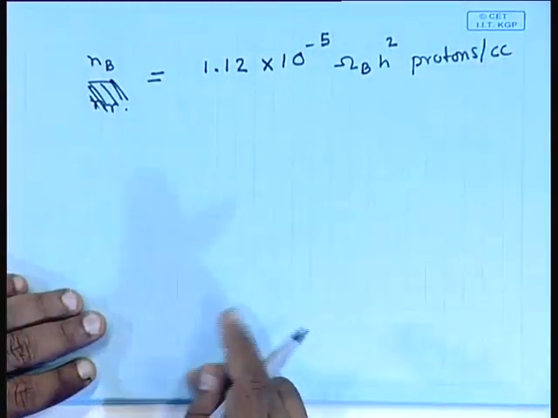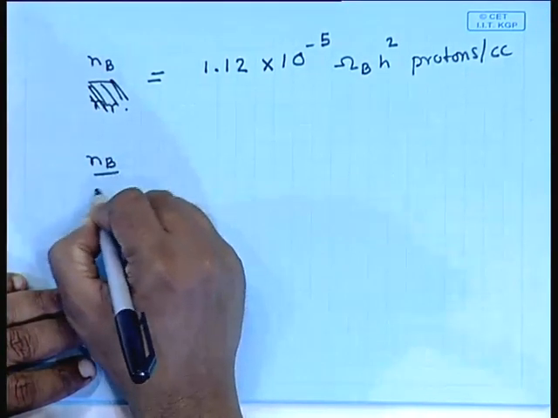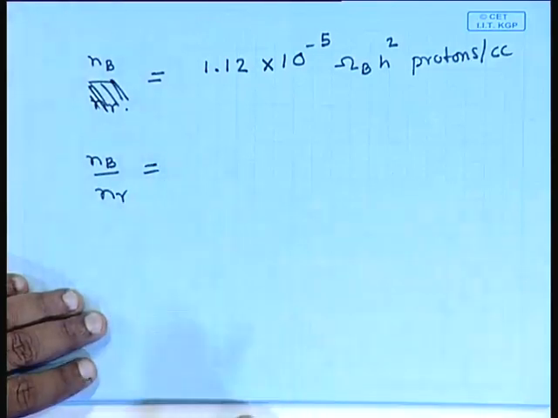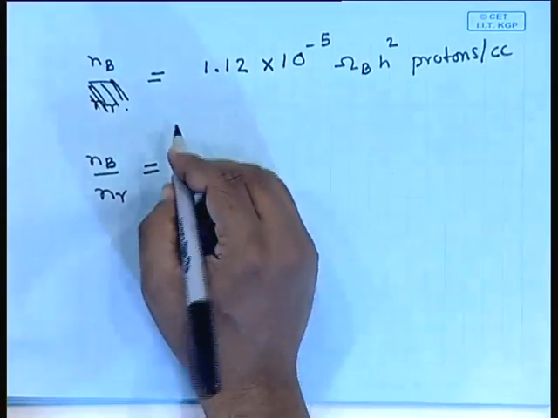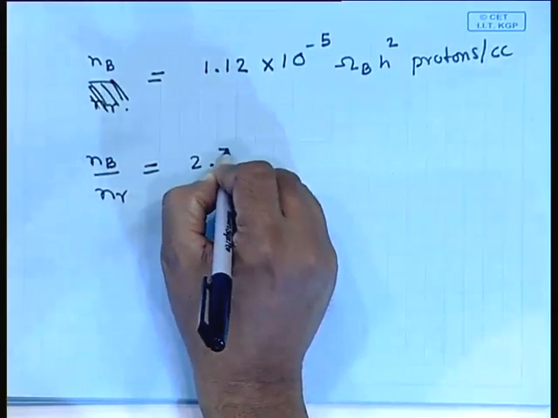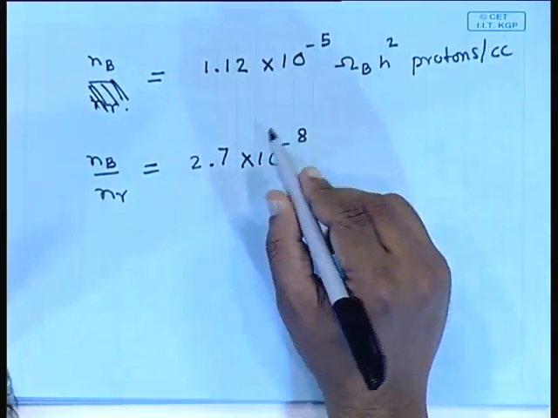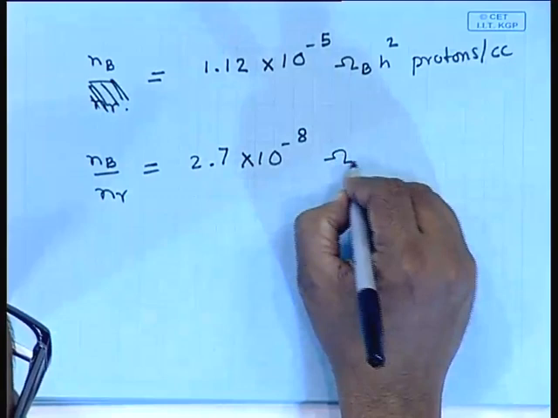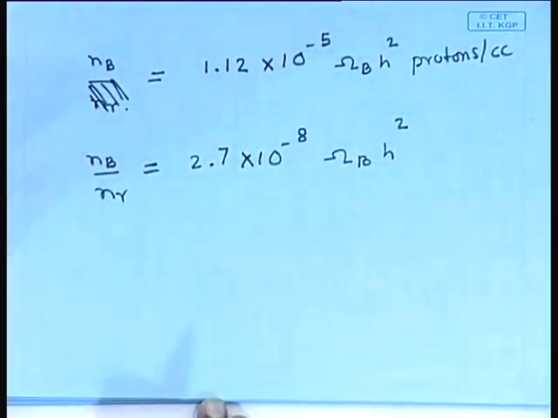And if you calculate the ratio of the number density of baryons to the number density of photons, then this ratio comes out to be 2.7 into 10 to the power minus 8 omega baryon h square, okay.